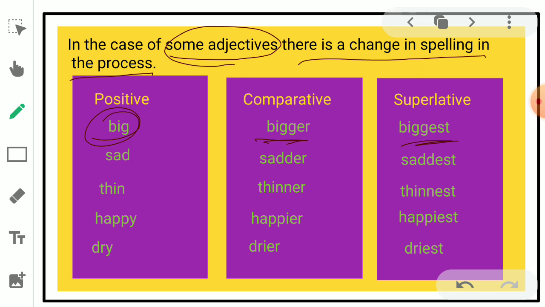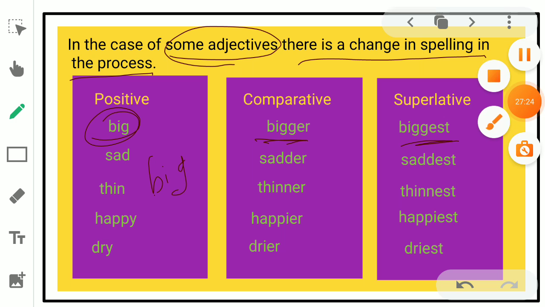Keep in mind, dear students, look at the word big. Here is what we need to understand.